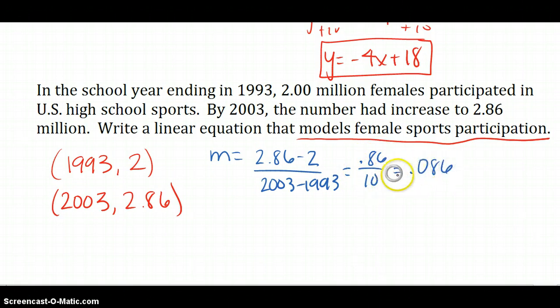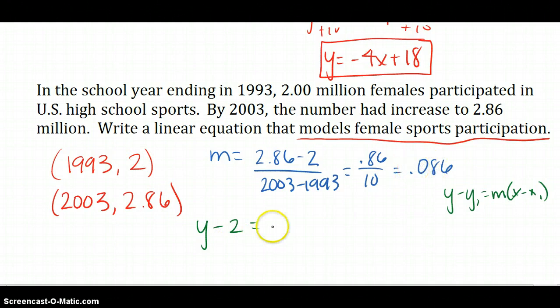So we have our slope, and we can choose either one of these points, doesn't matter, to fill in our point slope equation. So I fill in y minus, I'm going to use the first value just so I don't have to deal with decimals. It'll be a little bit easier. So my y is 2 equals the slope, which we found over here, 0.086, times x minus, keep with the same point I chose, so my x value is 1993.